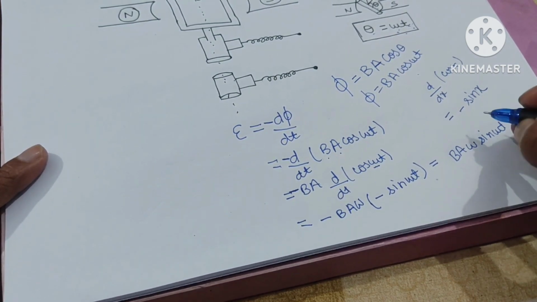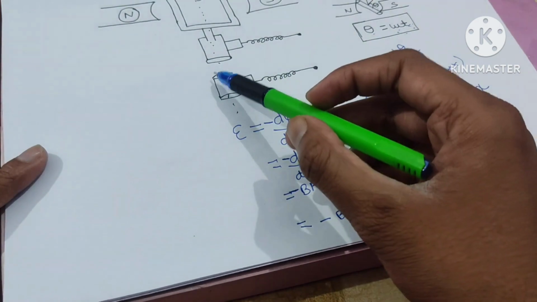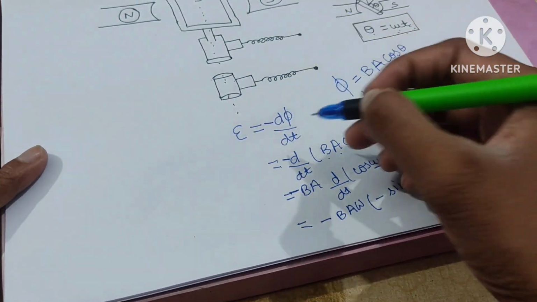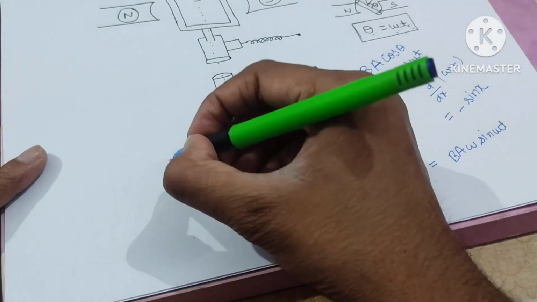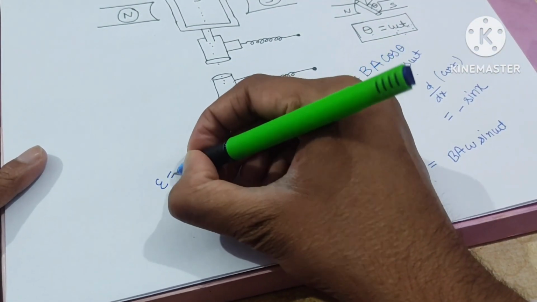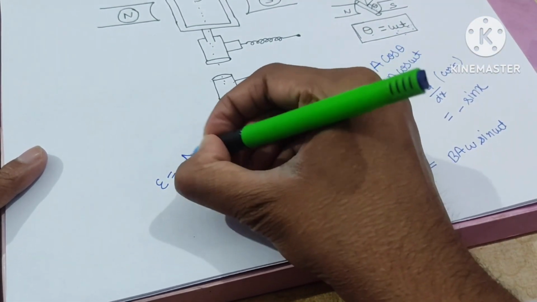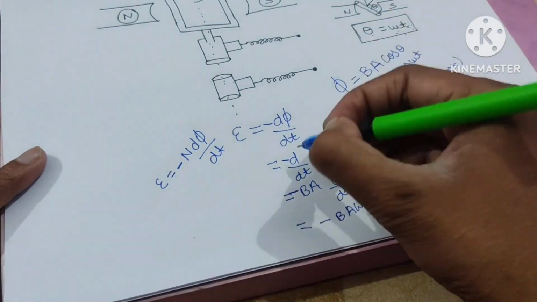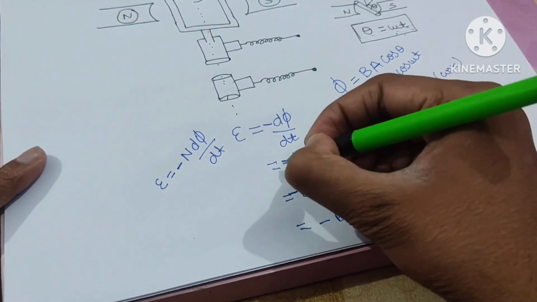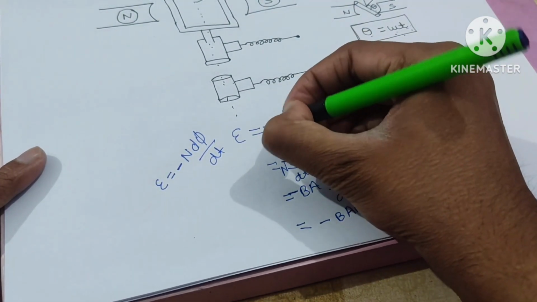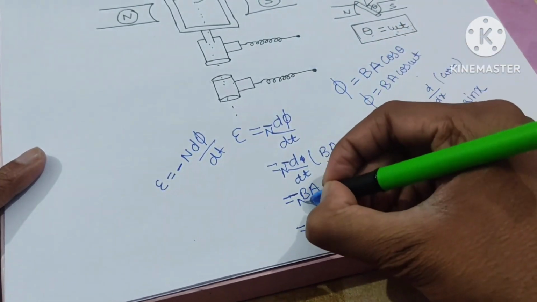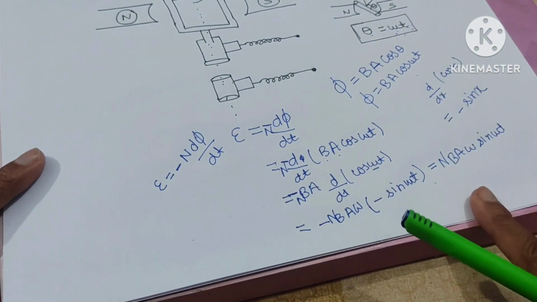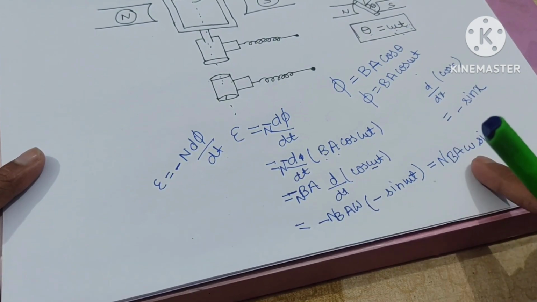But if it has a number of turns also, it is rotating so it has n turns, so the general formula of EMF will become minus n d phi by dt. So here will be the n.